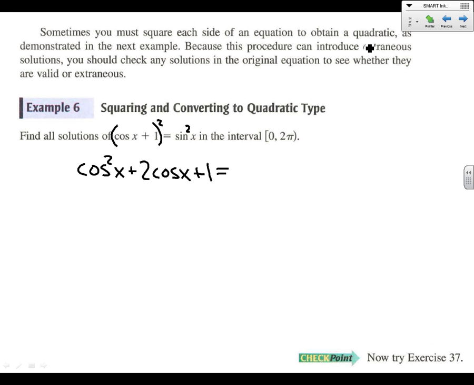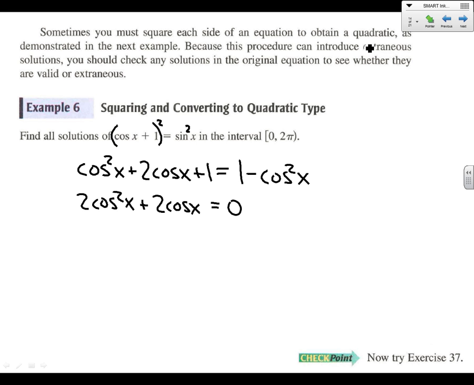Sine squared x, that doesn't help us because we need cosines. So sine squared, let's convert it right away to 1 minus cosine squared x. All right, we'll bring this over. Now we're going to have 2 cosine squareds on the left plus 2 regular cosine x. And we're going to have minus 1, so that gives us nothing.